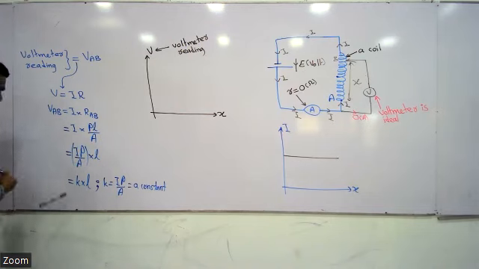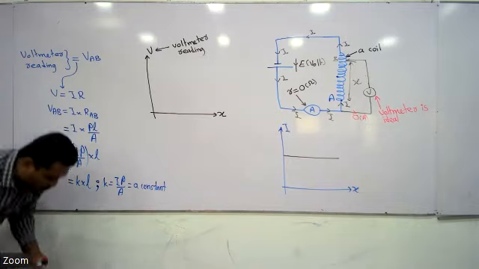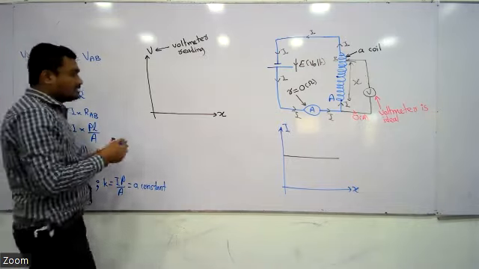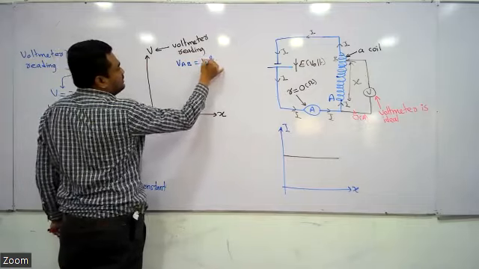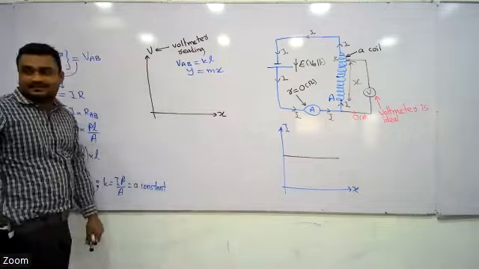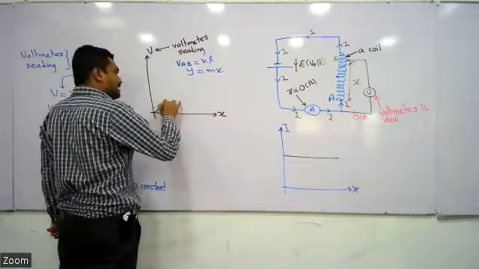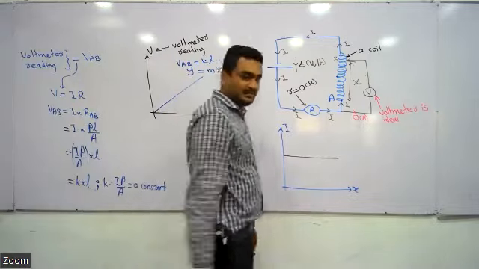What is the shape of this graph? What's the equation that we have obtained? We have obtained VAB equals KL. So the graph is in the shape of y equals mx. So it should be a straight line like this. That's it. Complete.